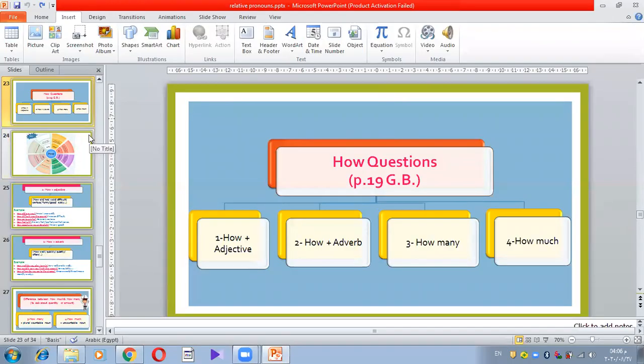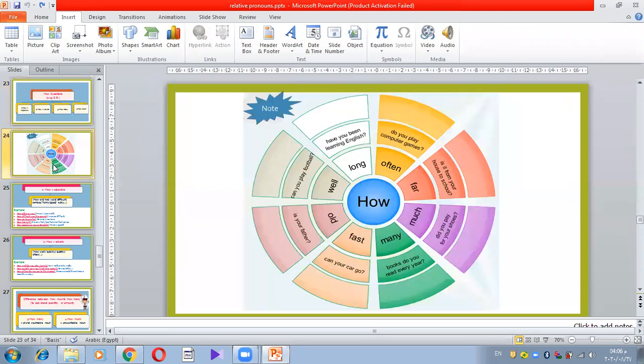So let's see examples about how questions and how many you can get out of this. For example, we can say how far and how near, the opposite, and how much and how many, how fast and how slow, how old and how young. The adjective and its opposite as well.